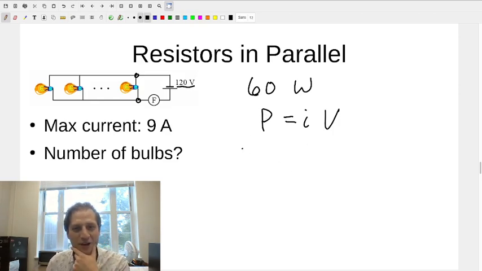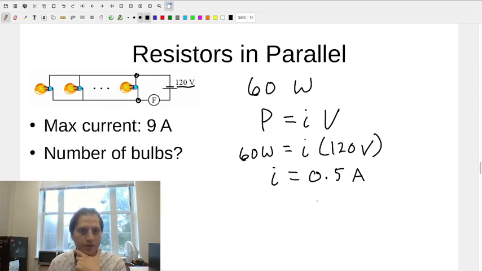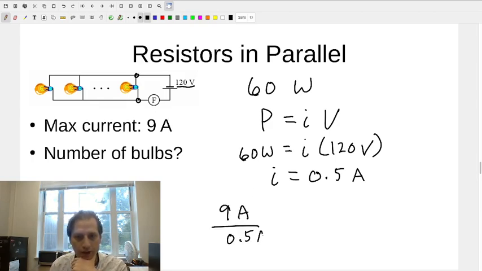So we have 60 watts equals I times 120 volts. So the I here would be 0.5 amps. If our maximum current is 9 amps, that means if we took 9 amps divided by 0.5 amps, we could get 18.